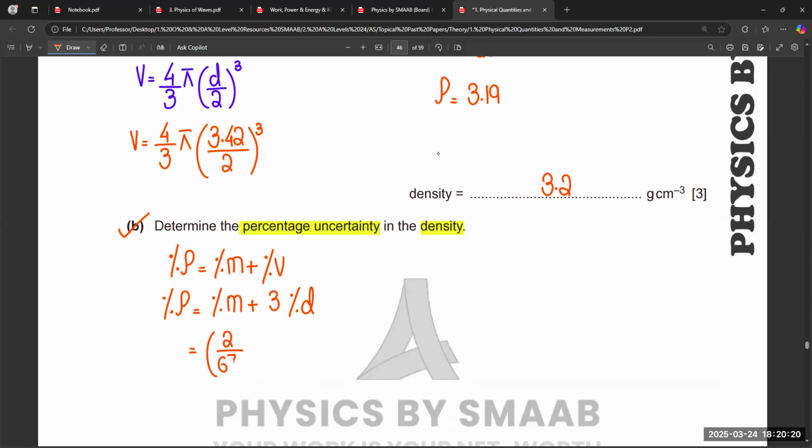2 divided by 67 multiplied by 100 plus 0.02 divided by 3.42 multiplied by 100.